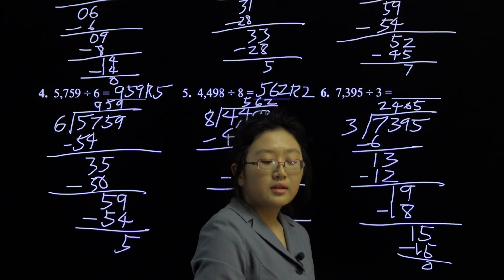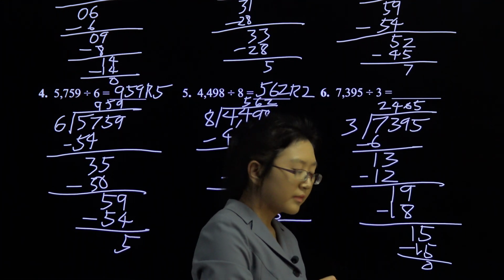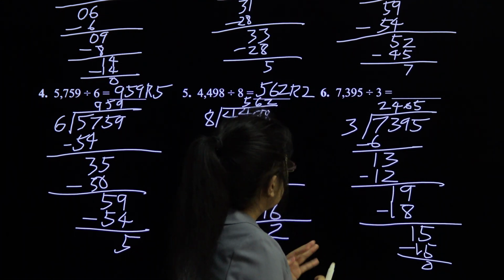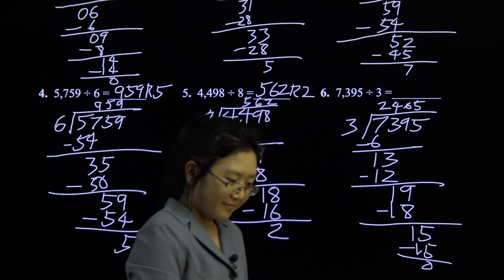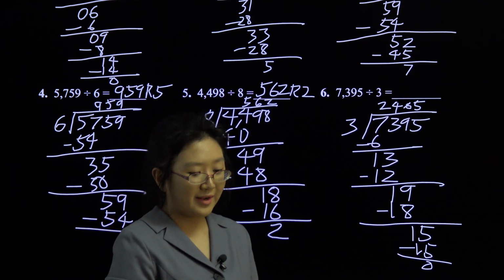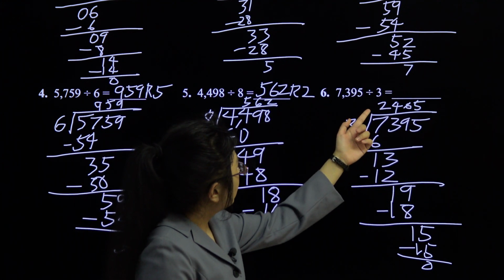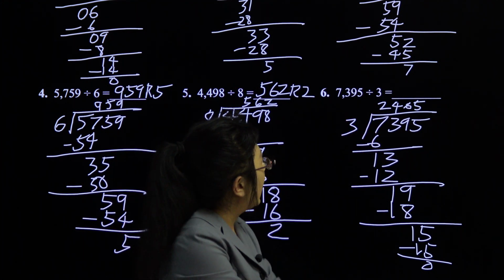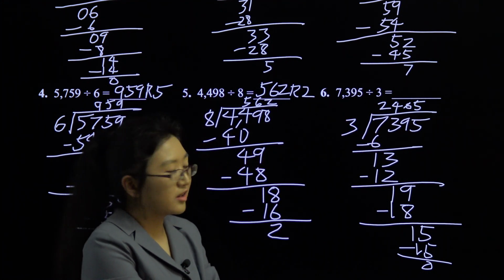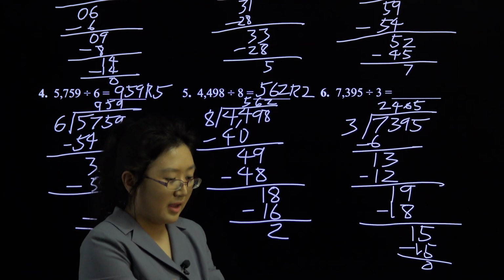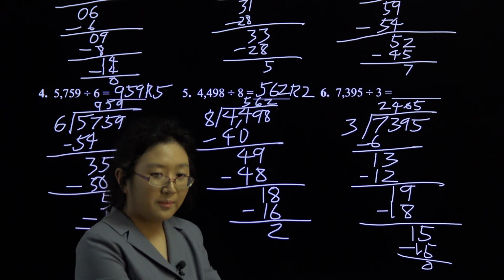Now, this isn't divisible by 9, because 2 plus 4 plus 6 plus 5 isn't divisible by 3 anymore. And 9 is 3 times 3.